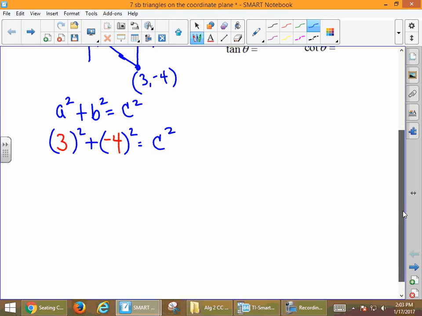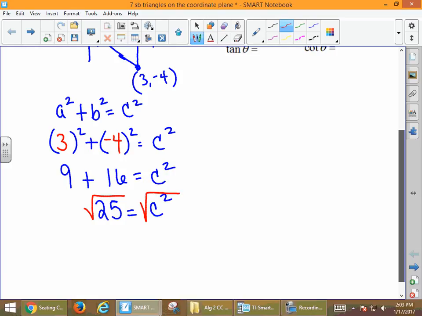Well, 3 squared is 3 times 3, which is 9. -4 squared is -4 times -4, which is 16. So we get 9 plus 16 is 25. And now we can take the square root of both sides. And the square root of 25 is 5.